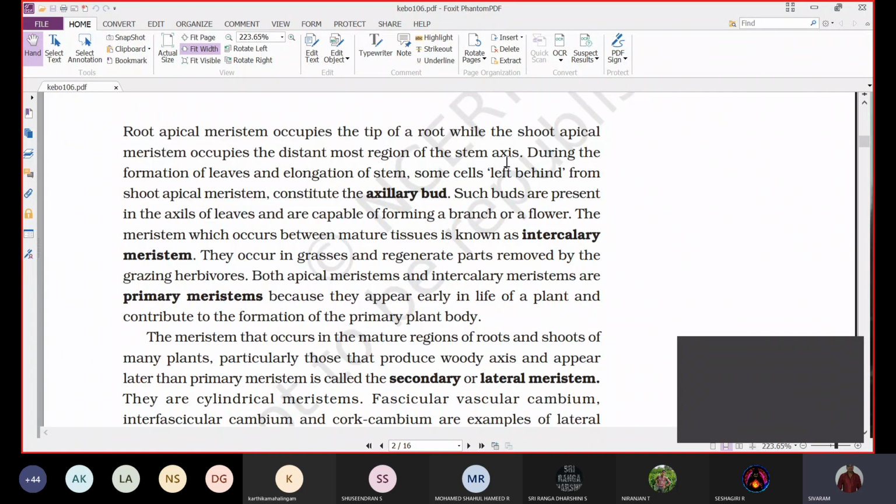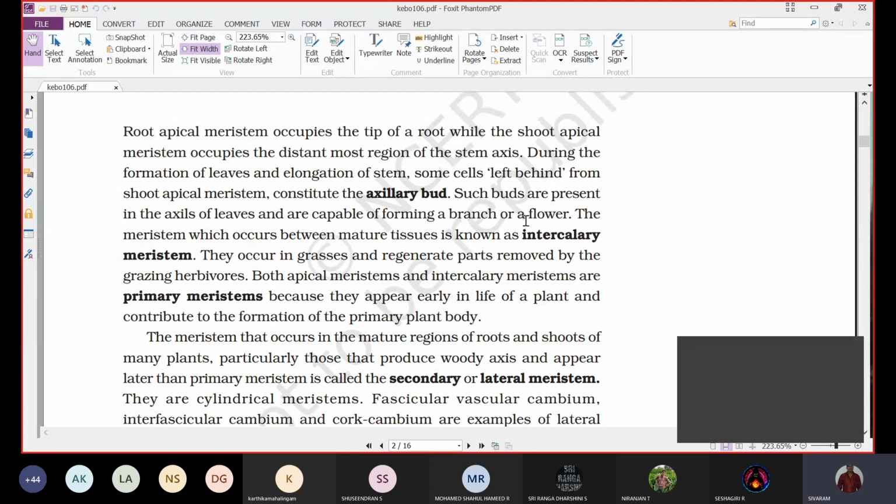During the formation of leaves and elongation of the stem, some cells left behind from the shoot apical meristem constitute the axillary bud. Such buds are present in the axils of the leaf and are capable of forming a branch or a flower.